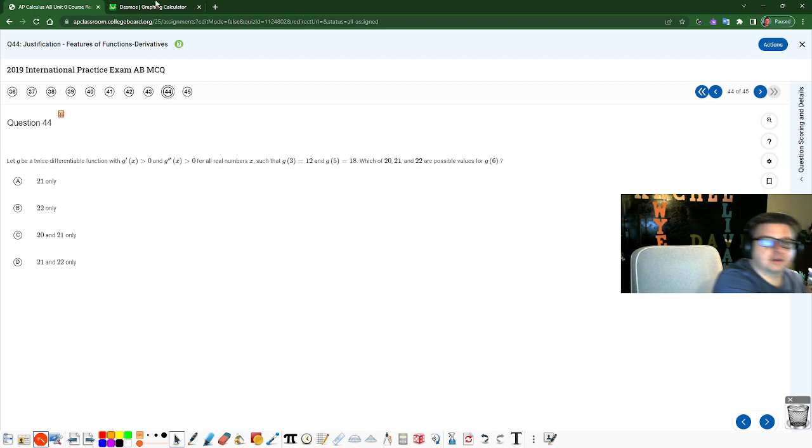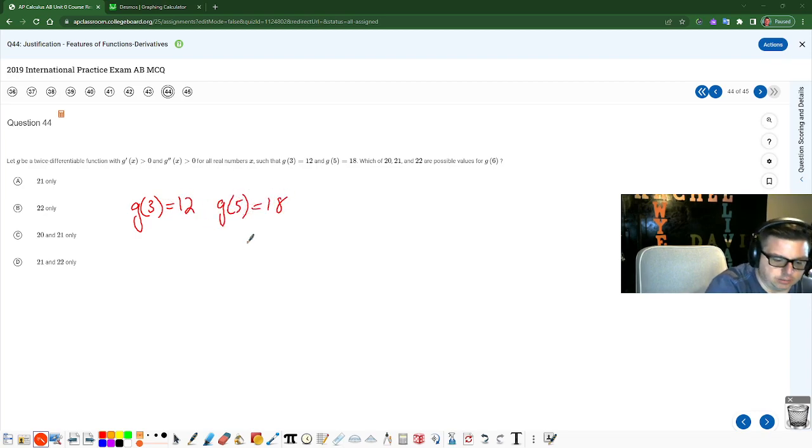Oh yeah, this one we skipped, but this was a crazy problem. Let g be a twice differentiable function where g prime is greater than 0 and g double prime is greater than 0 for all real numbers. If we know g of 3 equals 12 and g of 5 equals 18. What did we do?